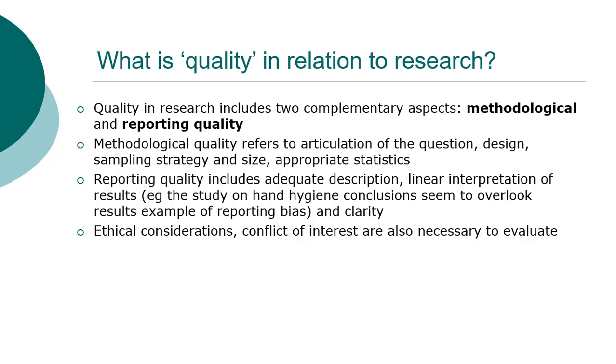For example, in the study on hand hygiene, the conclusion seems to overlook results. This is an example of reporting bias. And reporting must be clear so that everybody can understand.